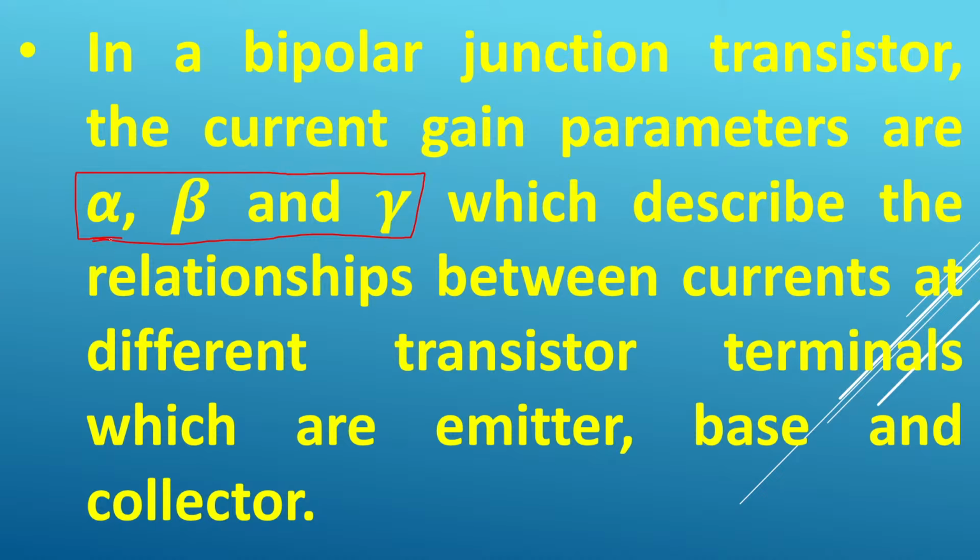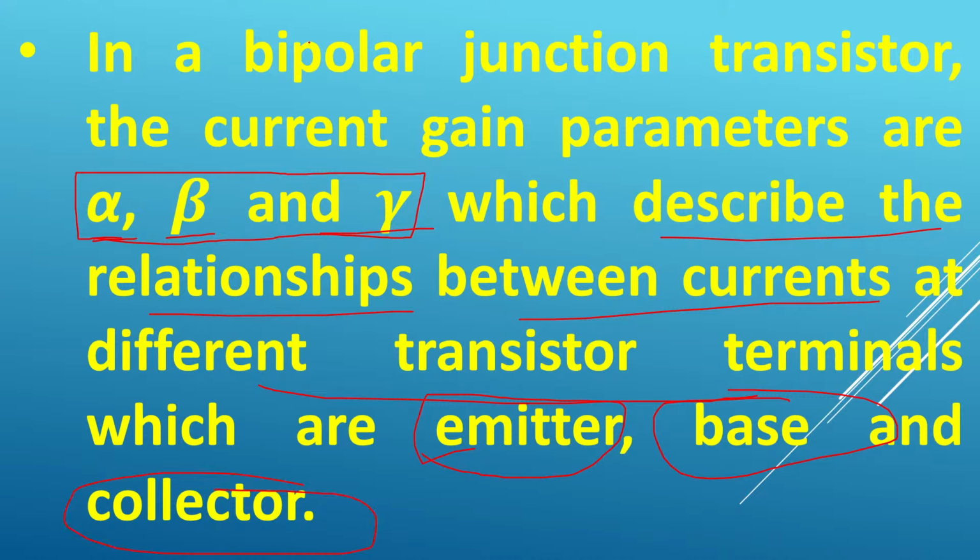These parameters alpha, beta and gamma describe the relationships between currents at different transistor terminals. We know the bipolar junction transistor terminals are emitter, base and collector.